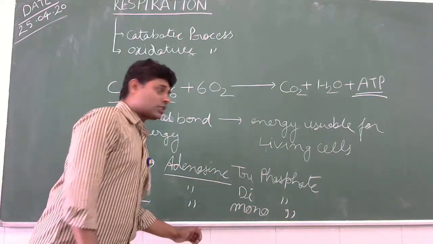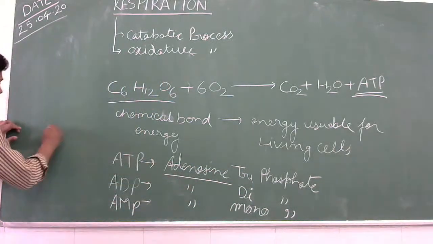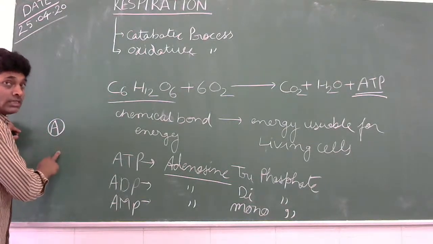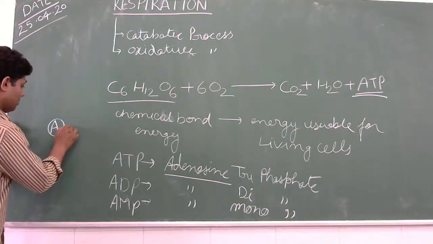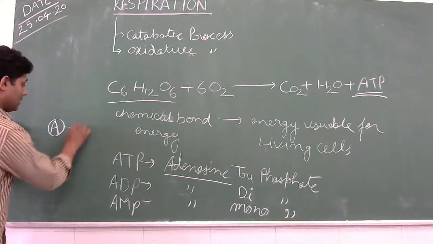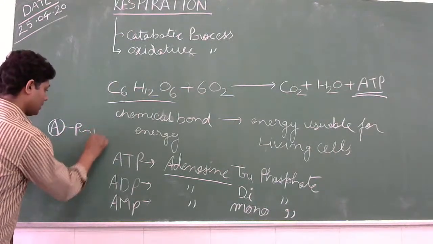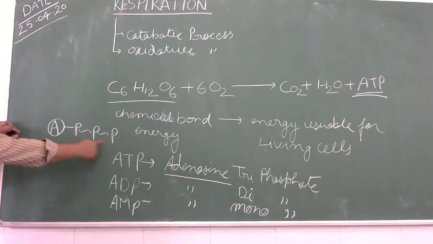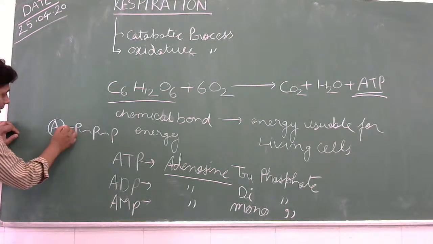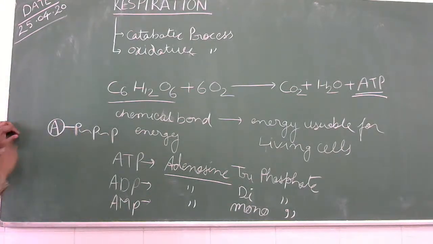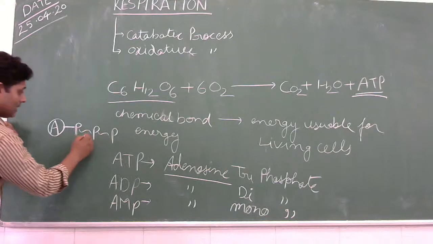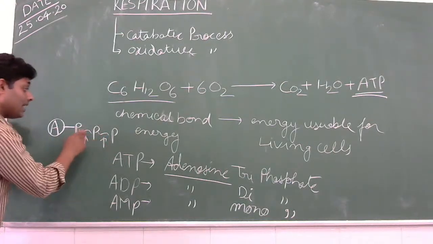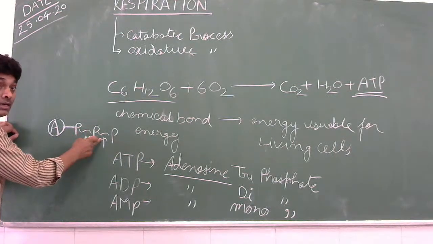We may see the structure of ATP. It is looking like this. Suppose this is the adenosine nitrogenous base, phosphate, next phosphate group, next phosphate. We are seeing here as this is a simple chemical bond, but these two are high energy chemical bonds.